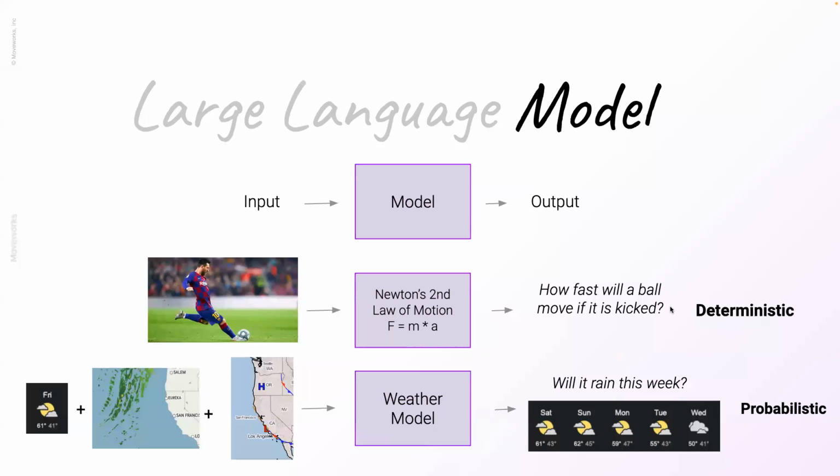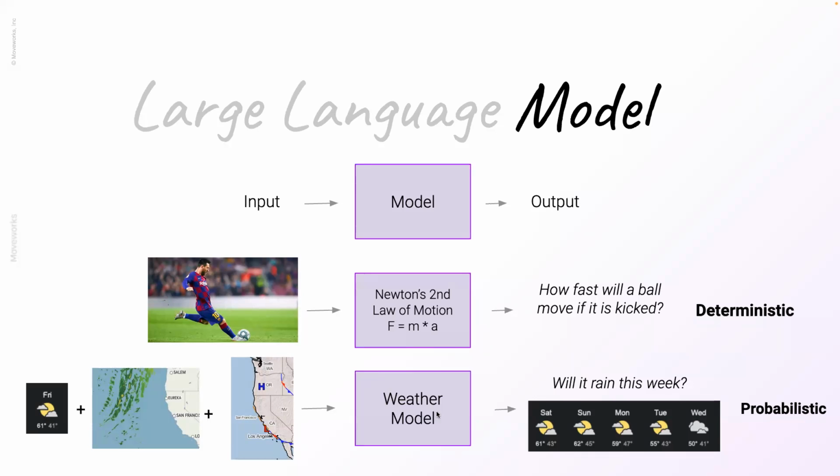This is an example of a deterministic model, where we know how it works, and given specific inputs, it's very clear what the right answer will be. But there are also probabilistic models, like for weather.